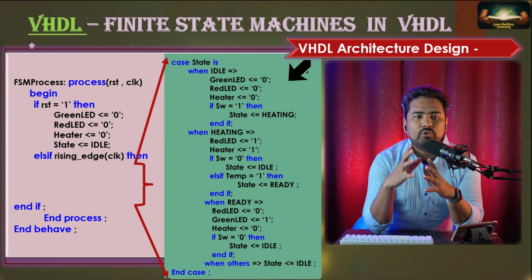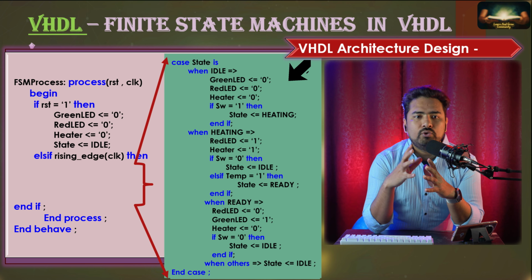Now let me quickly read this state machine code in VHDL, then we will explain it. It is: case state is, when idle, green LED is 0, red LED is 0, heater is 0, and now the next state definition. If switch equals 1, then state is heating.